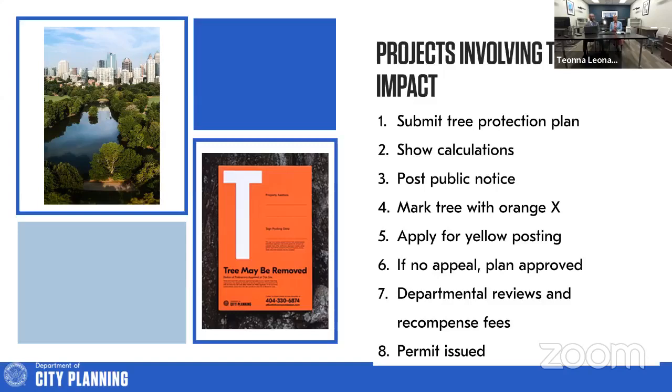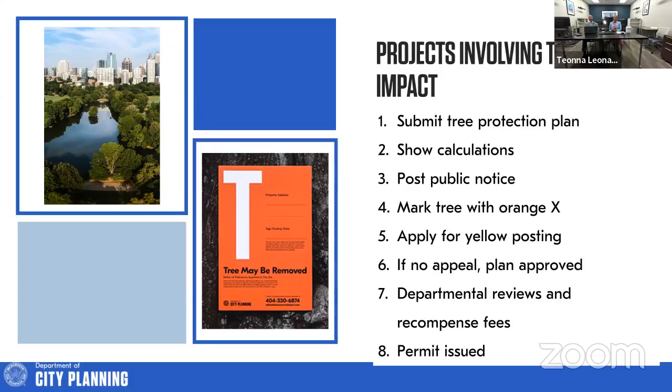That is by law, and they cannot circumvent it. There is no expediting that time frame. It is something that must be done. And if there's an appeal on those trees, that appeal hearing must be adjudicated before the plans can be approved.